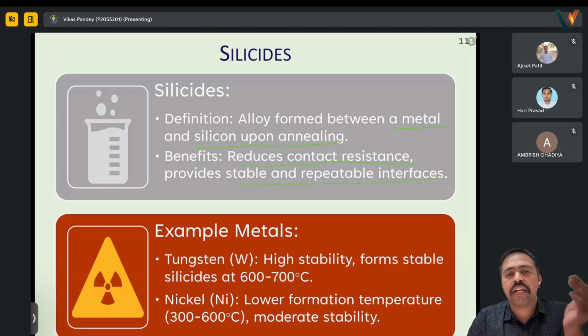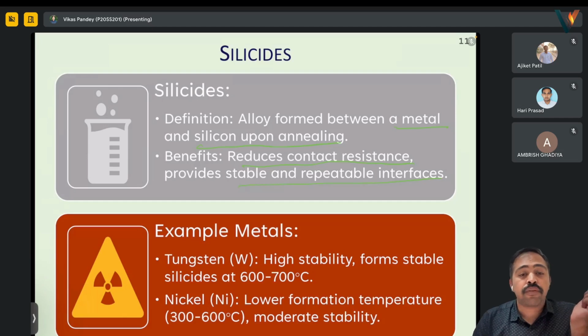Titanium is one of the common metals with which silicides form. Tungsten also forms. Nickel is also there. Nickel, tungsten, titanium, such metals. Okay, it's given here. So tungsten is highly stable and forms stable silicides at 600 to 700 degrees Celsius.